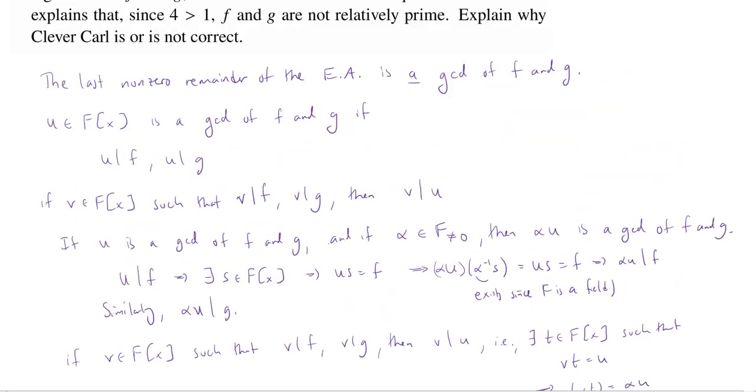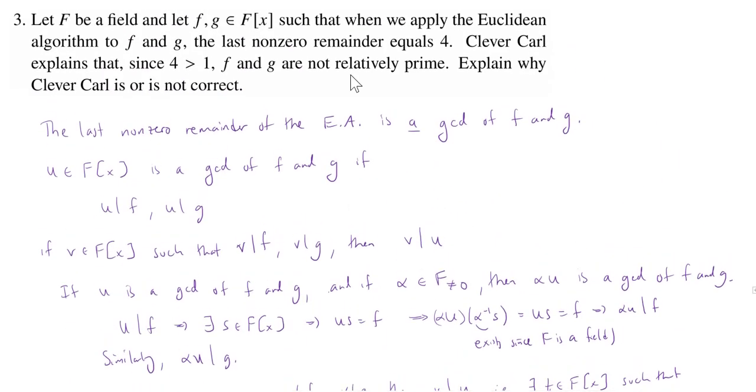So now let's go back to the question. We found out that the last non-zero remainder, which is a GCD, is equal to 4. But what we just proved is that every non-zero constant multiple of 4 will also be a GCD. Now, what does clever Carl say?